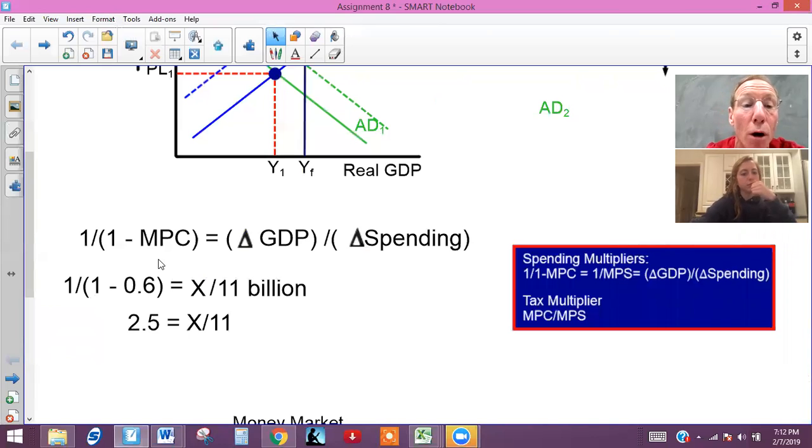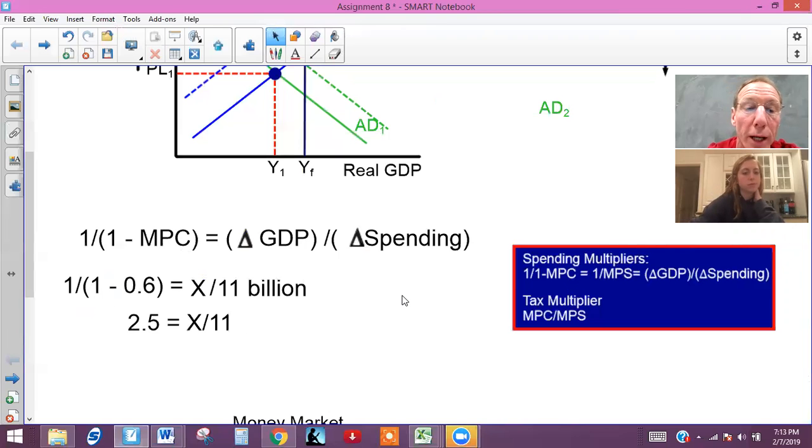So the marginal propensity to save has to be 0.4. If you were just given the marginal propensity to save, you wouldn't have to do the 1 minus, you just plug it in here. You get the marginal propensity to save by subtracting the marginal propensity to consume from 1, because both together have to equal 1.